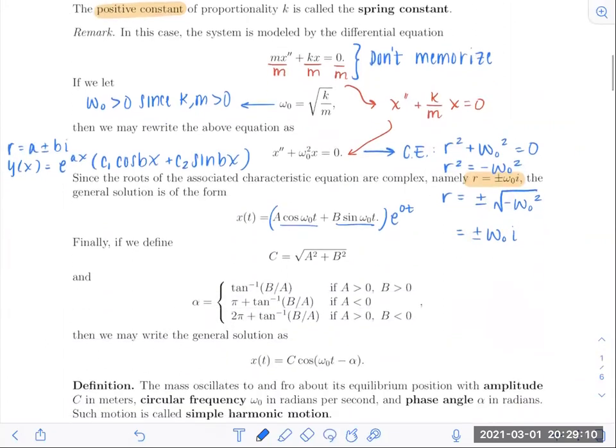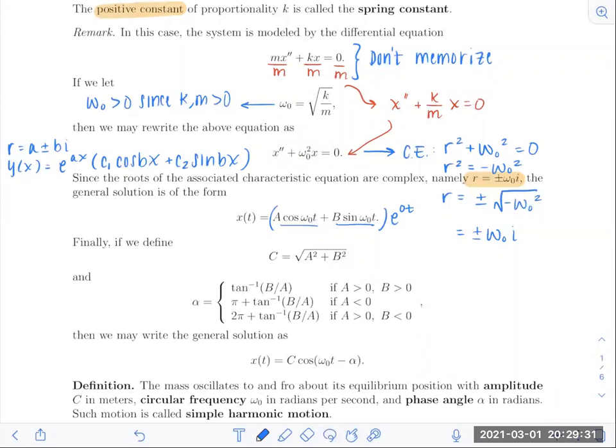And we find it desirable to combine that cosine and sine function into a single cosine function, so that way we can quickly pick off the amplitude and phase angle. To do that, we're going to use the Pythagorean theorem here. C is equal to the square root of a squared plus b squared.